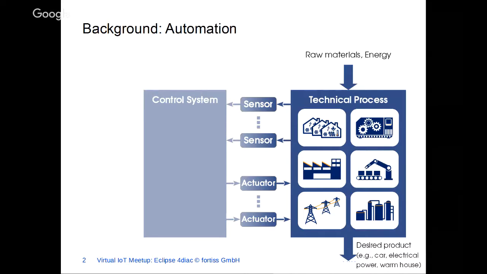Sensors measure some physical property and translate it to something that the control system understands. And a control system nowadays is typically something digital, like a microcontroller or what in industrial automation is called a PLC, which is a generic control device.